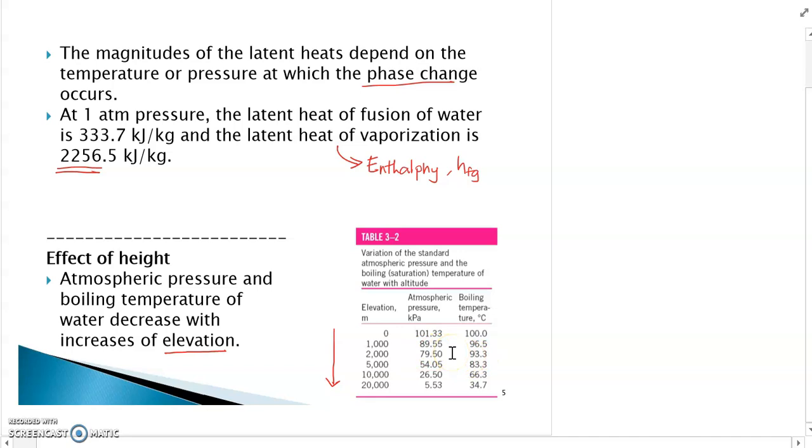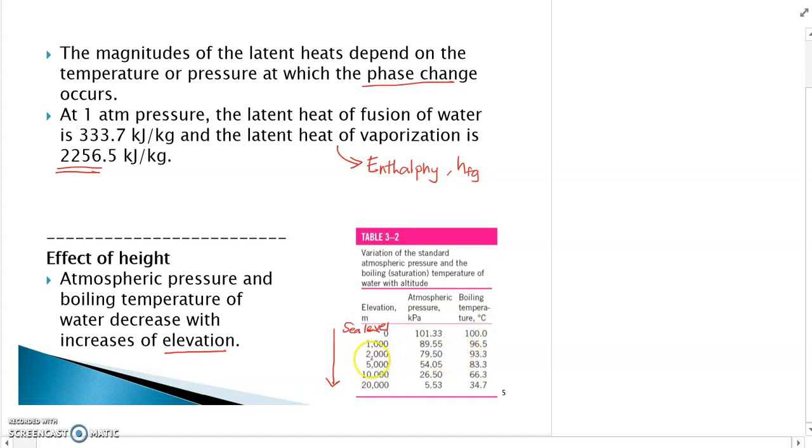What it tells you is that at higher altitude, at higher elevation, the atmospheric pressure will drop, thus the boiling temperature will also decrease. At sea level, we say at 1 atmospheric pressure, so zero elevation, the boiling point of water is 100 degrees Celsius.